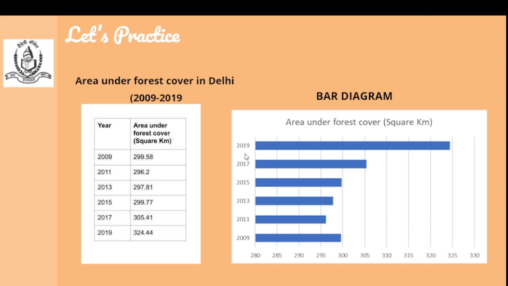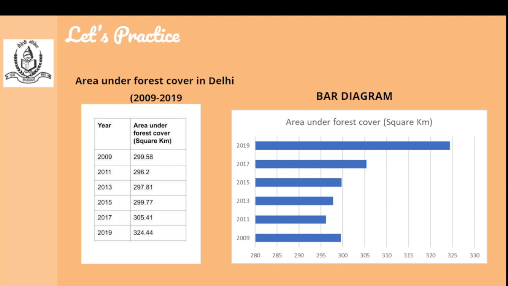So if we draw the simple bar diagram in a horizontal manner, on the vertical axis our different categories of data should be there, and on the horizontal axis the value corresponding to each category of data should be depicted.